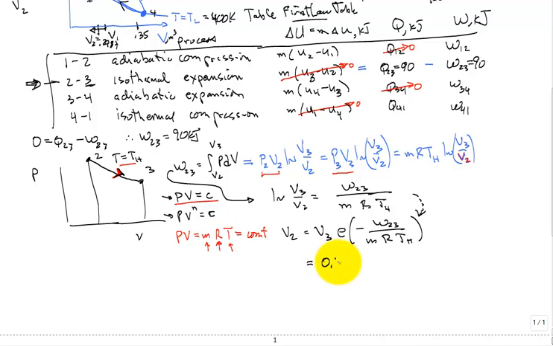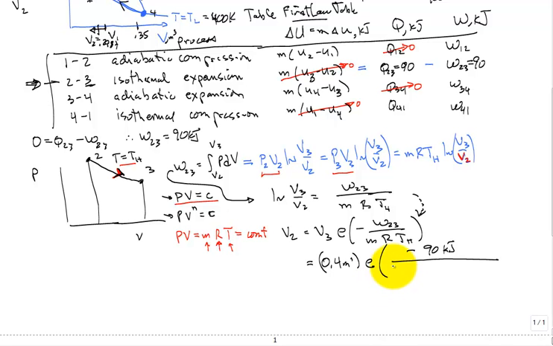So 0.4 meter cubed. Now, when you take the exponent of whatever is inside, it has to be dimensionless. So you can check that, and it will be for this problem. So let's go ahead and minus the 90 kilojoules. The mass for this problem, I forgot what the mass was. Let me look it up.